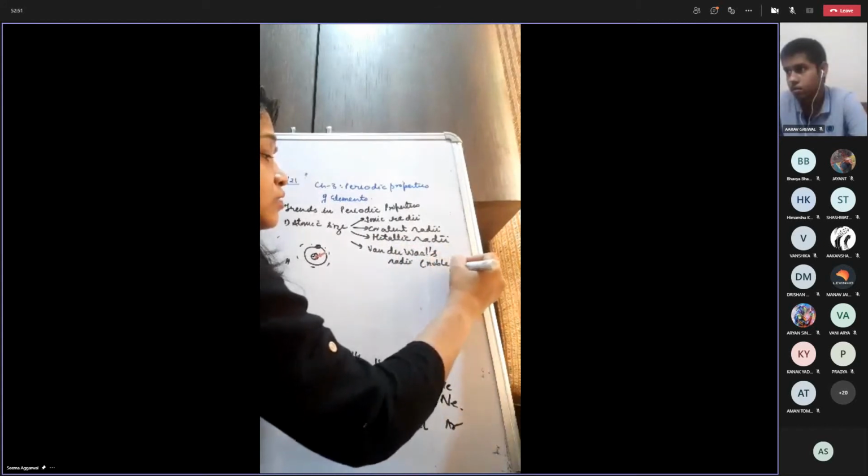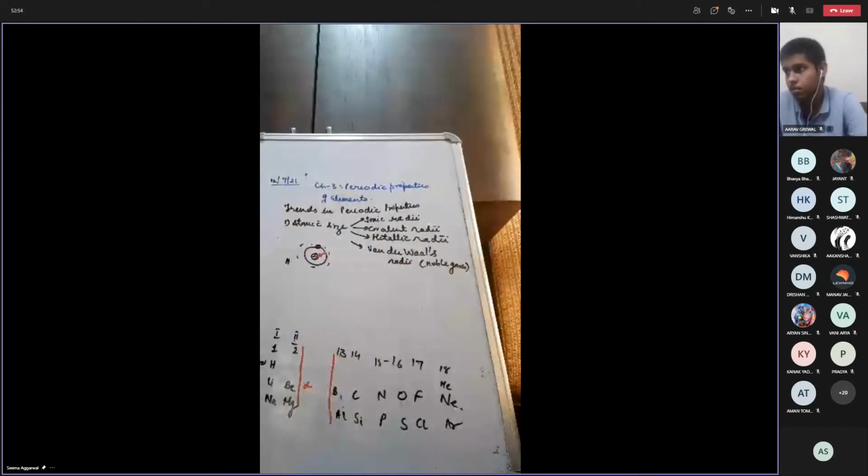Okay? So whatever you have studied in class 9 was a very generalization. That atomic radii increases down the group and decreases along the period. Is it okay?